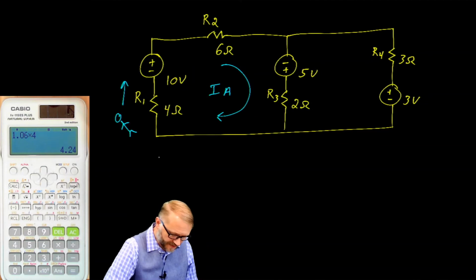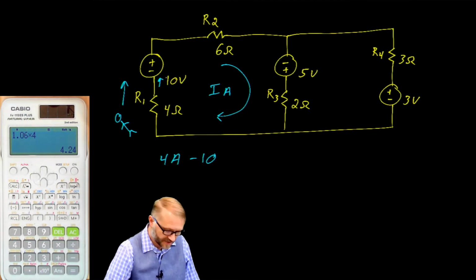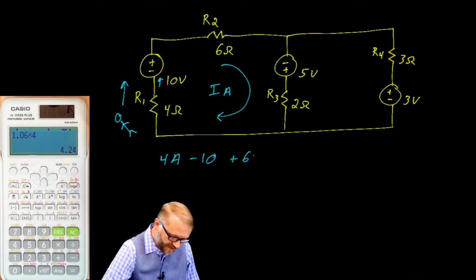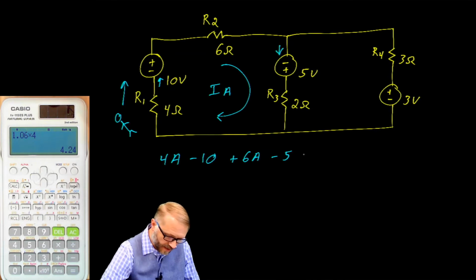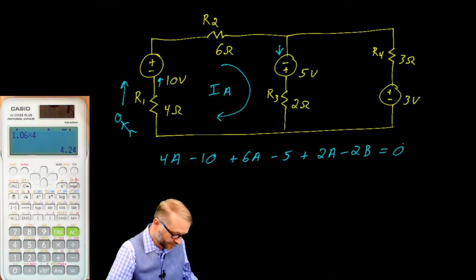We would record this as 4A minus 10, because we're walking into the negative terminal of supply, plus 6A minus 5, that brings us to here, plus 2A minus 2B, because we have to account for that second current. All of that's equal to 0.